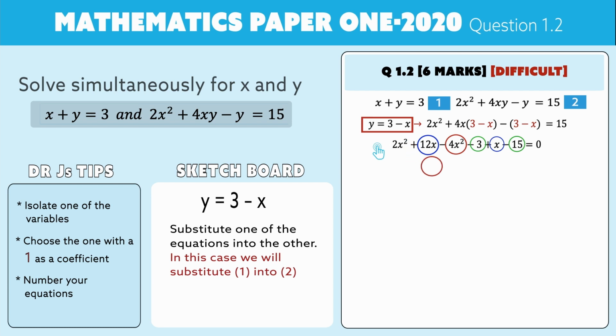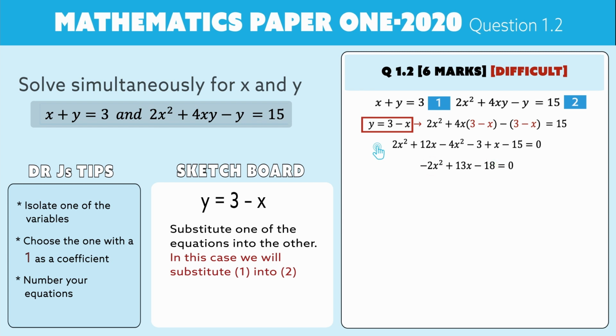So I get 2x squared minus 4x squared, which is indeed minus 2x squared. 12x plus x gives me 13x. Then I nearly did not see my 3 over there. Let me color it so that we can see we have our 3. Don't forget the little 3, because that changes everything. Minus 3 minus 15 is minus 18, and that gives me a 0.